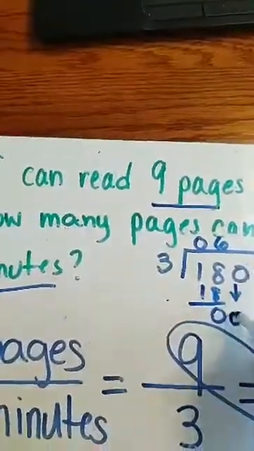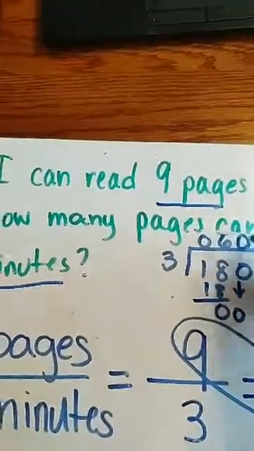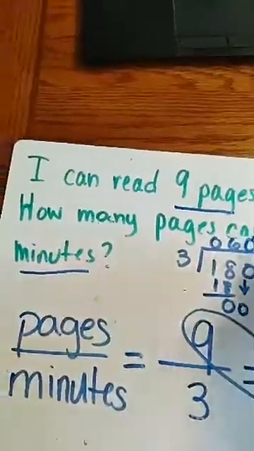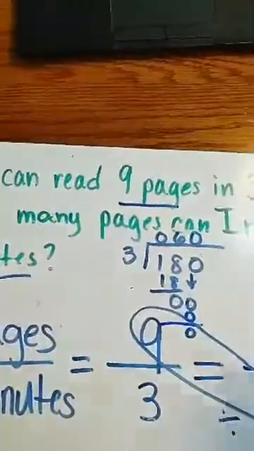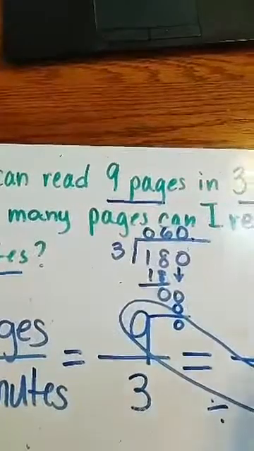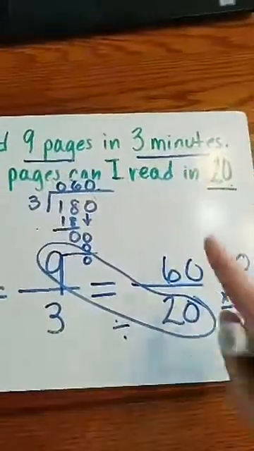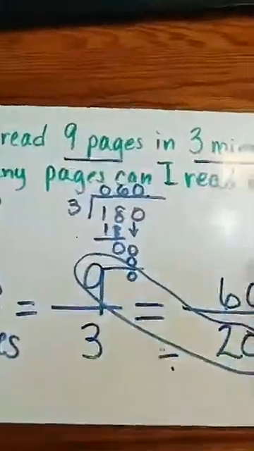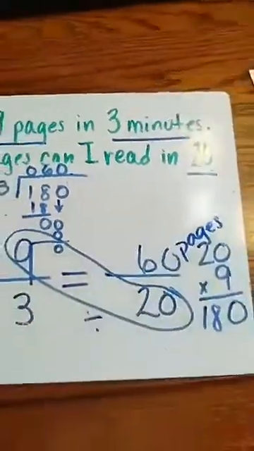Bring my 0 down. 3 goes into 0 zero times. 0 times 3 is 0. Subtract and I get 0. So I've just found out 60 is my number. In 20 minutes, I can read 60 pages.